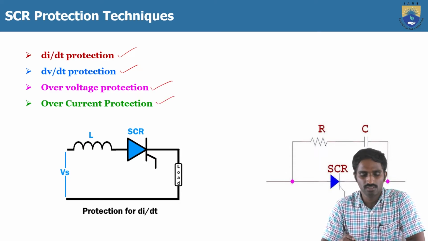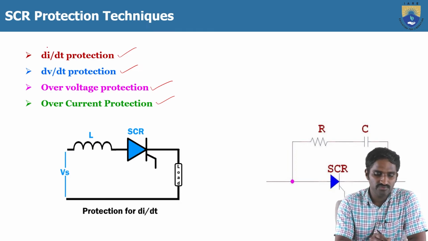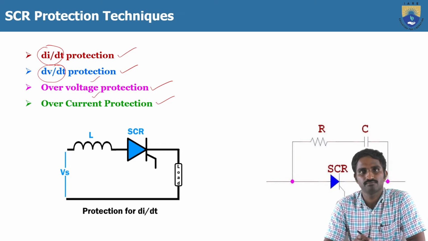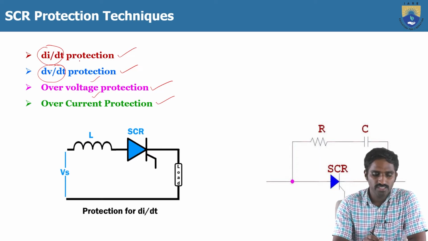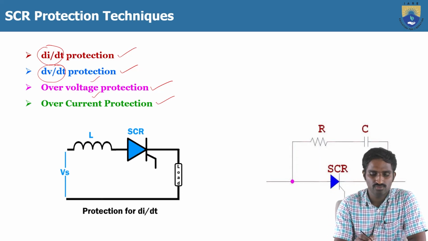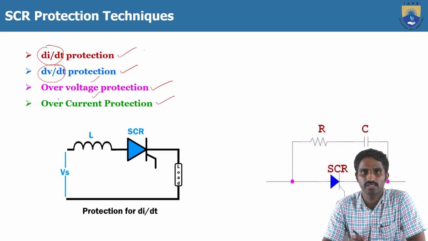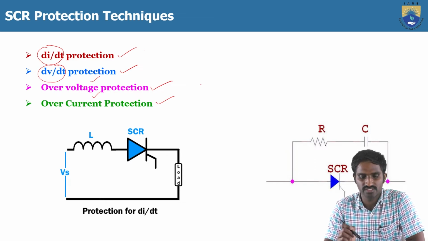We must protect the thyristor from di by dt, from dv by dt, and also from over voltage and over current. What we are going to do to protect the thyristor from each of these, we will discuss here.